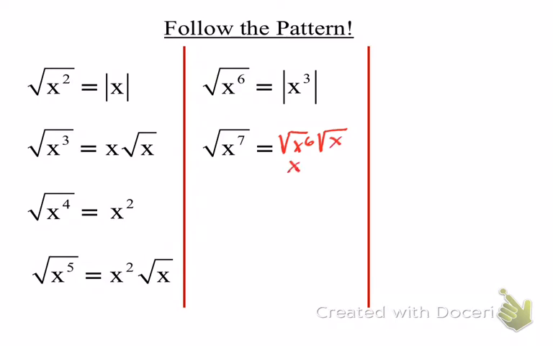X to the what? No, just what is the answer? What does that simplify? Times x to the third times, and you can say rad x. It's less of a mouthful. X cubed rad x. X cubed times rad x.